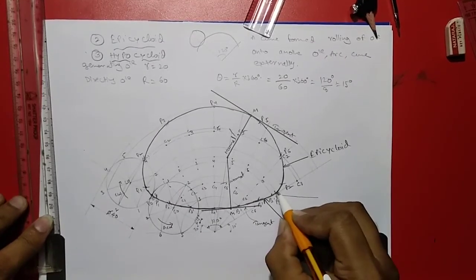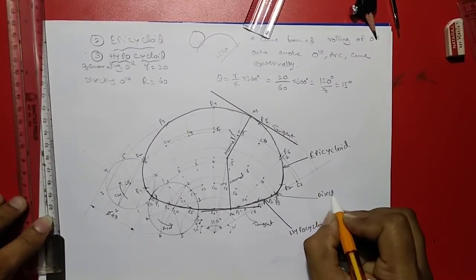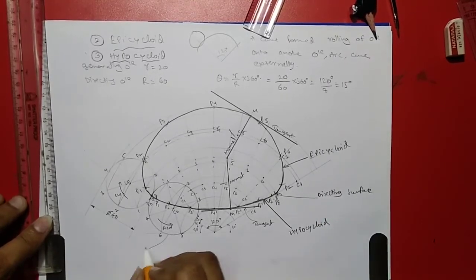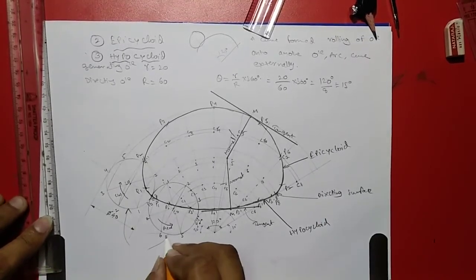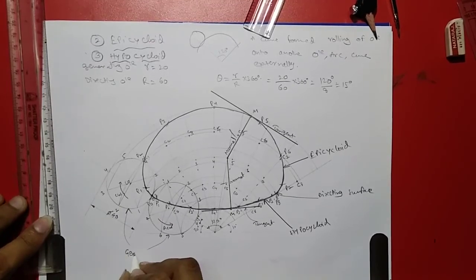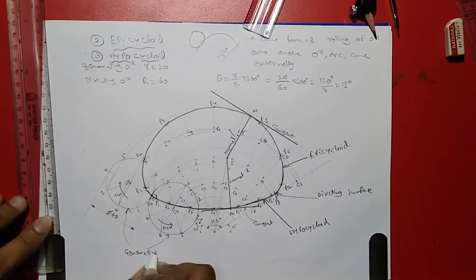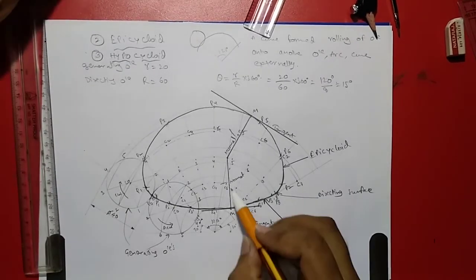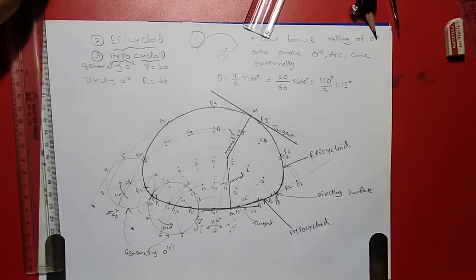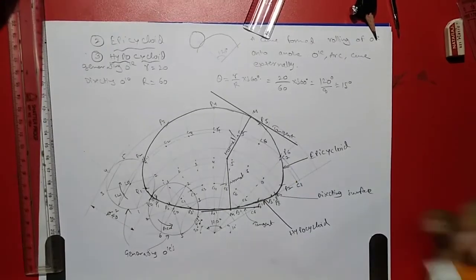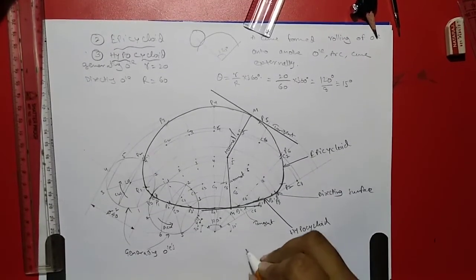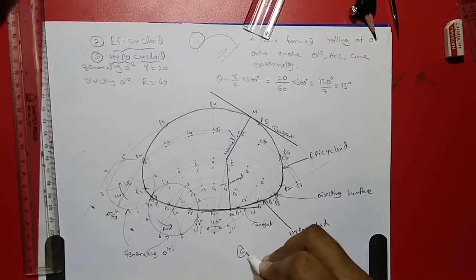This is the directing surface, and these two are your generating circles. And this is the tangent and normal for the hypocycloid, and this is the tangent and normal for the epicycloid. I hope everyone understands this.